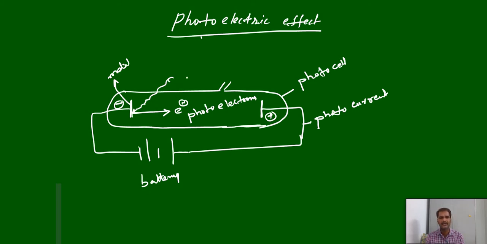And this is the incident radiation, or simply we can call it photons. Radiation is nothing but photons here. A photon of sufficient energy, when it strikes the metal surface, can eject an electron. That ejected electrons, if we move externally through the circuit, can produce some current. That current we can call photocurrent.